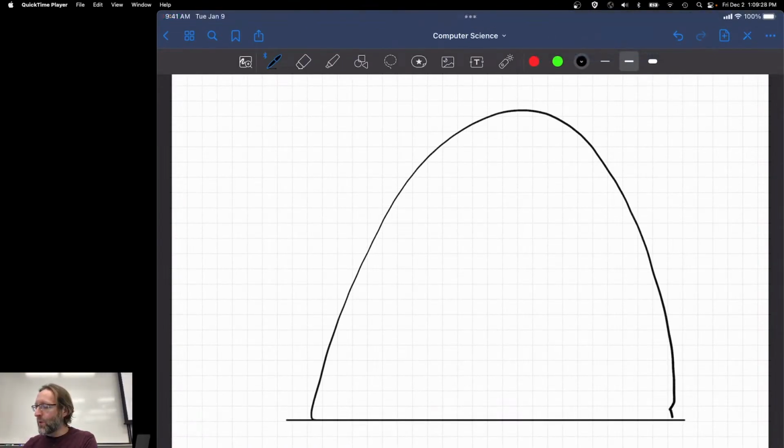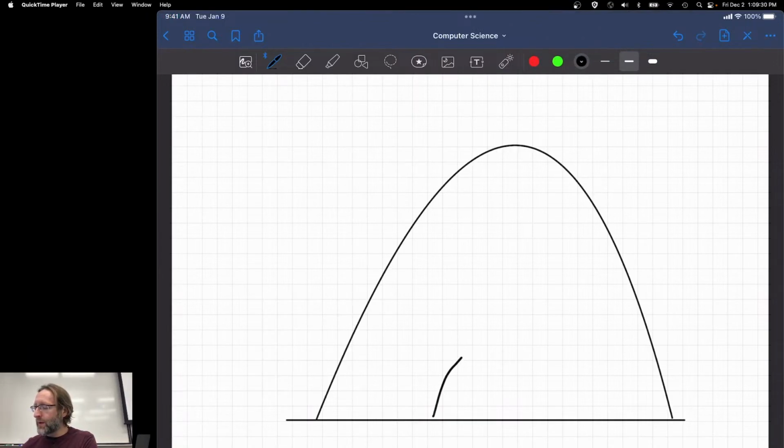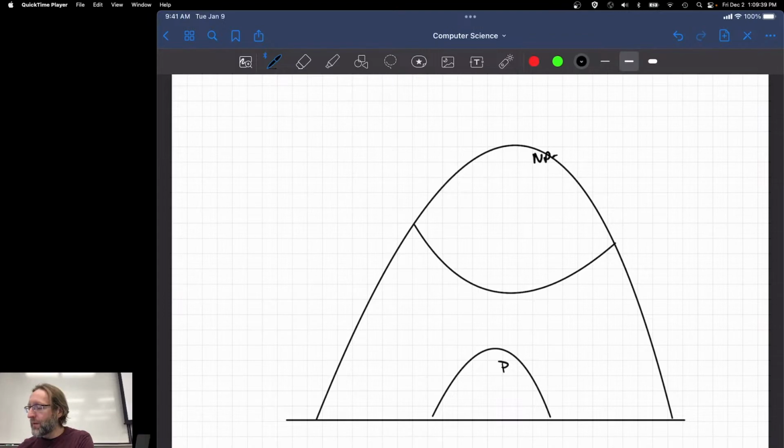I'm going to give myself way more room than I need to because we've got an entire chain here. Down here is P, up here is NP complete, right? And then this is all of NP. Again, the very starting point of all of this was Cook-Levin, showing that the canonically NP complete problem reduced to SAT.